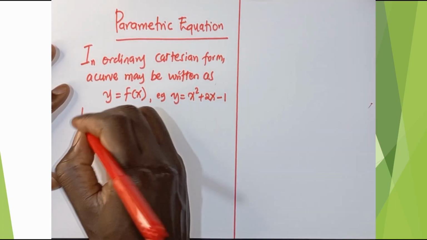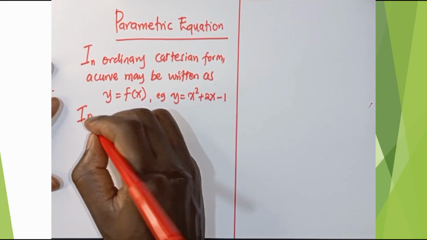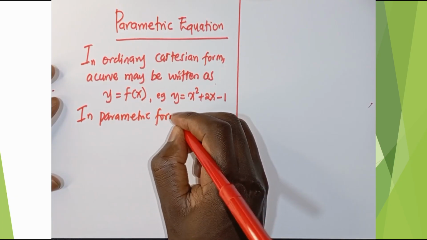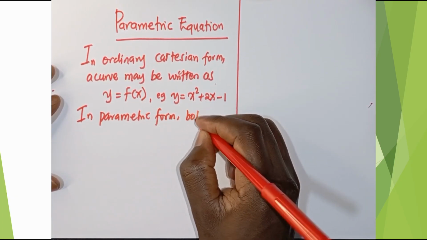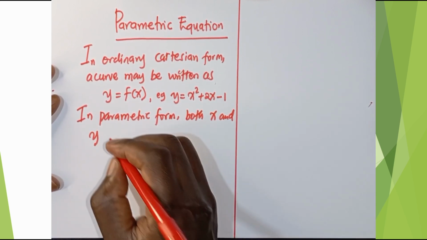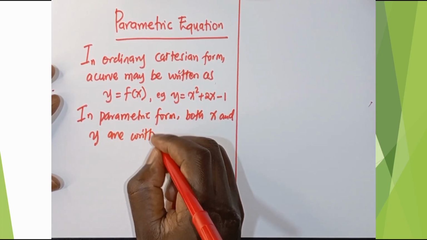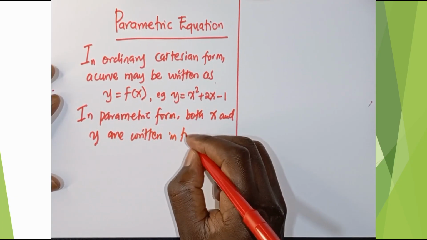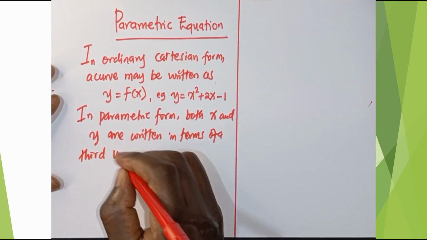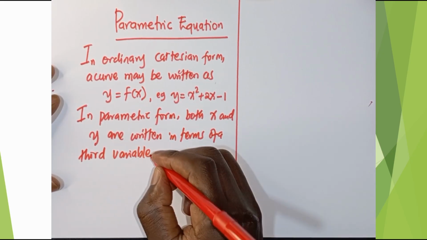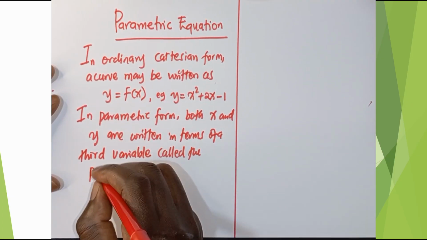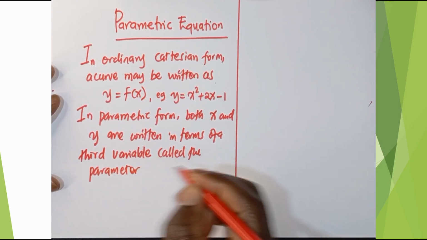However, in parametric form, both x and y are written in terms of a third variable that is called the parameter.